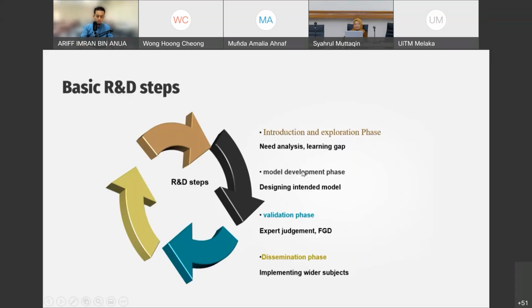And then the second basic step is the model development phase, designing the intended model. And then the next is the validation phase. It can be done through expert judgment or focus group discussion. And then the next is the dissemination phase, implementing the products with wider subjects.